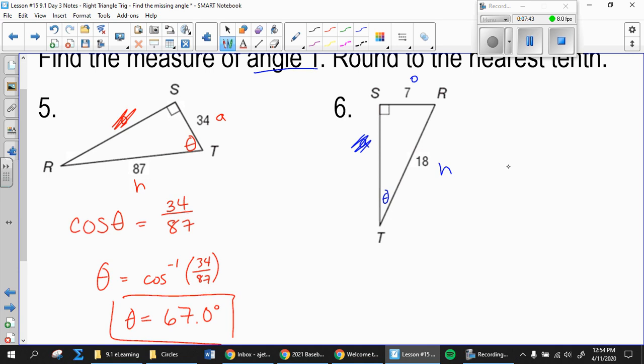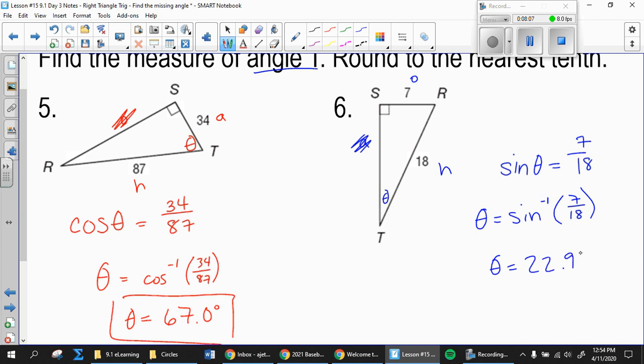So sine of theta equals opposite over hypotenuse. Inverse sine to get theta by itself, 7 over 18. Type that into our calculator. It's going to give us our angle of 22.9 degrees.